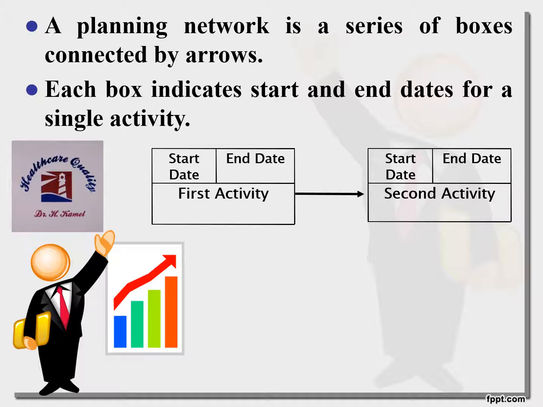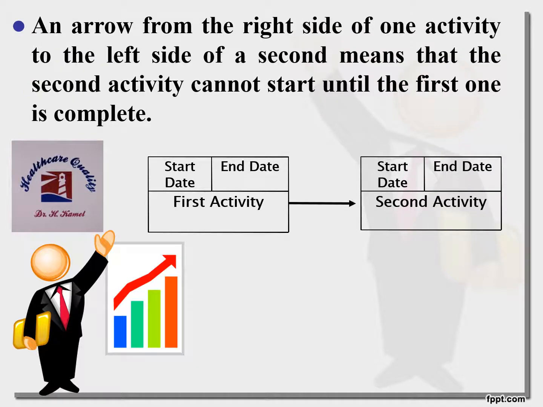Each box indicates start and end dates for a single activity. The arrow from the right side of one activity to the left side of a second means that the second activity cannot start until the first one is completed.